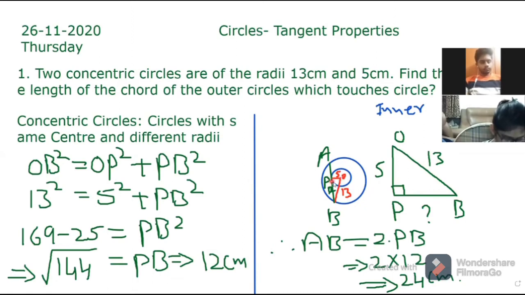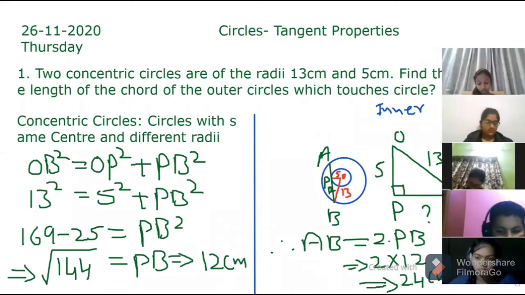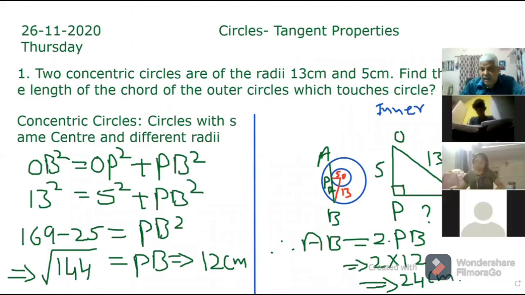And here observe, OP is the radius, AB is the tangent, PB is considered as tangent. So the relation between the radius and the tangent is perpendicular, that is 90 degrees. And I consider the right angle triangle OPB. So OB square equals OP square plus PB square.